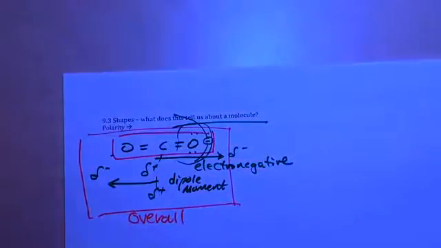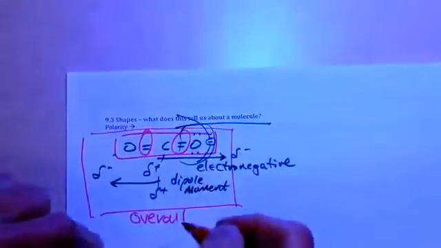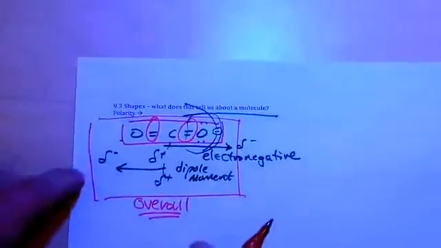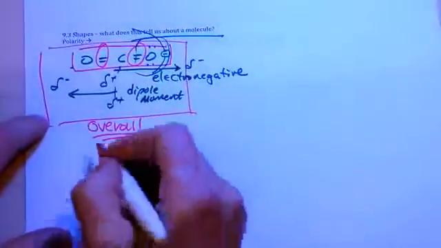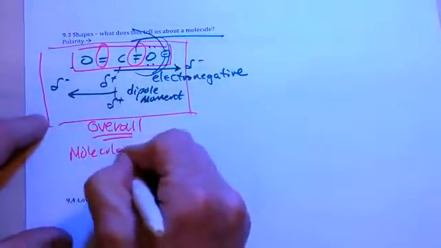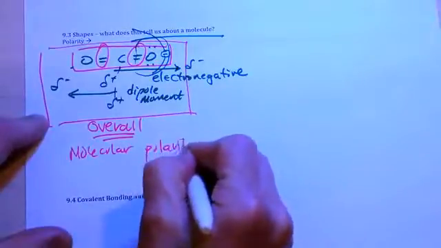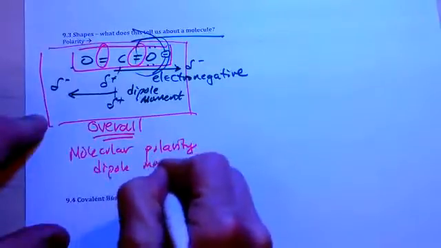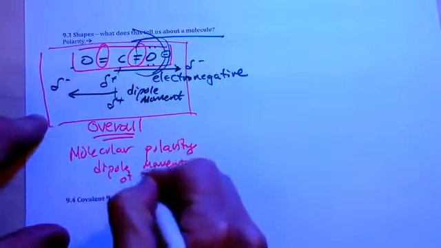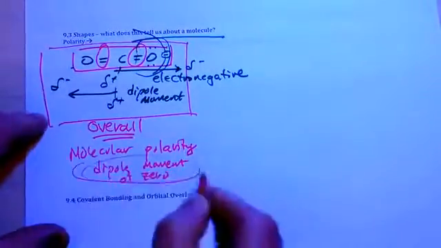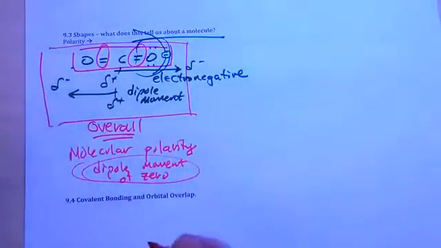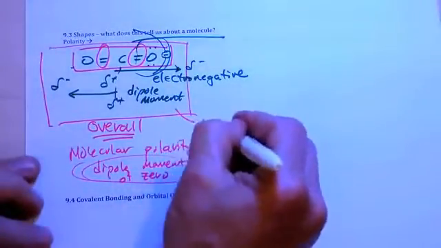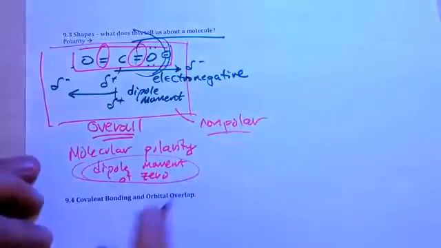And therefore, in terms of what's called bond polarity, there is a polar bond here and a polar bond here, but in terms of overall molecular polarity, there is a dipole moment of 0. And the molecule itself is said to be nonpolar, a nonpolar molecule.